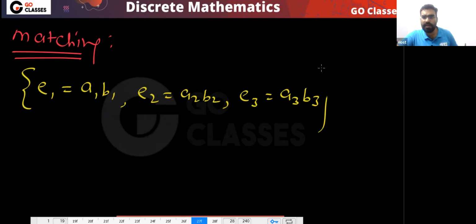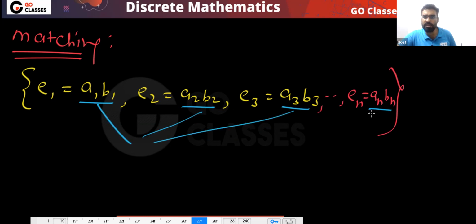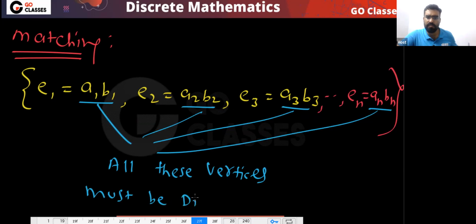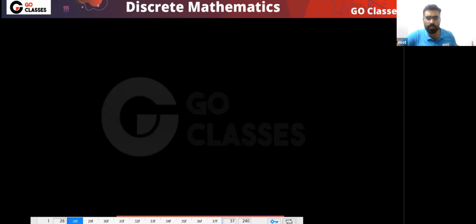Similarly, if I have En, that is An, Bn, all these vertices must be different. This is the idea of matching, because in a matching you should have non-adjacent edges, with no common endpoint.